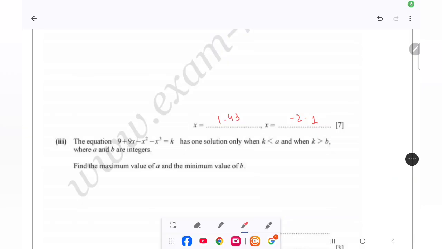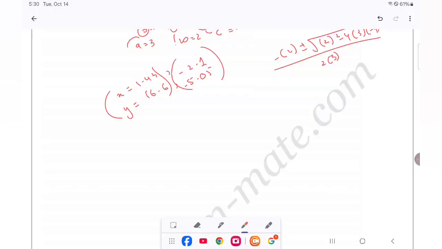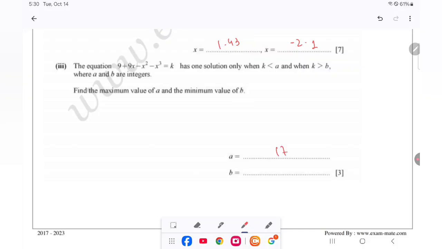For that purpose, we just calculated the values of x and y of both. This is our first term and this is for the second one. It says that the answer would be an integer, so we can round off to 17 and negative 6 because we want a whole number. So a will become 17 and b will become negative 6.